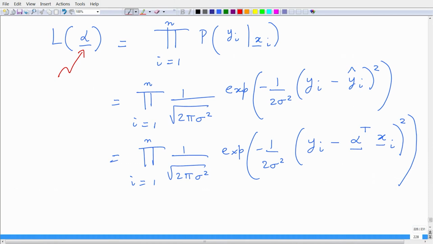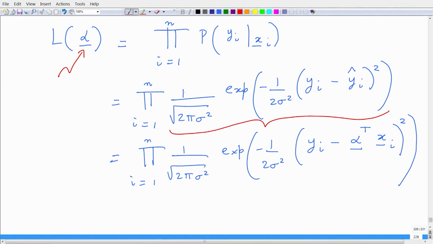Now, I simplify this. What is yi given xi? It is basically the noise epsilon i, and we know the distribution, which is Gaussian.